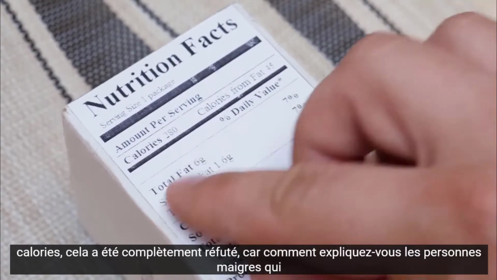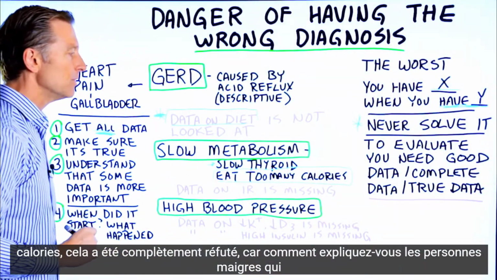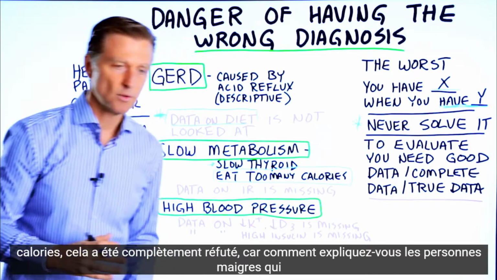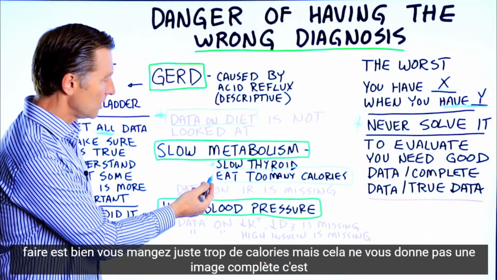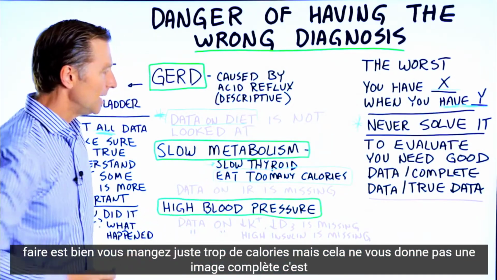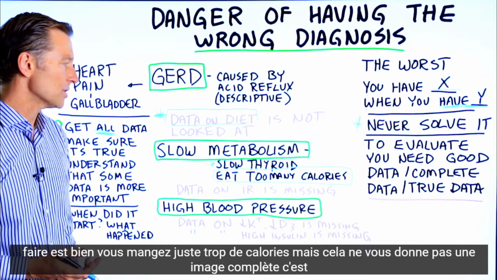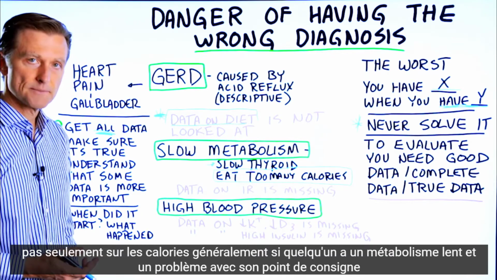Now, they might say a slow metabolism is that you just eat too many calories, right? This has been completely disproven, because how do you explain the skinny people that can eat like a horse and they never gain weight? And then you have the conclusion that a lot of people make is, well, you're just eating too many calories. But that doesn't give you the whole picture. It's not all about calories.